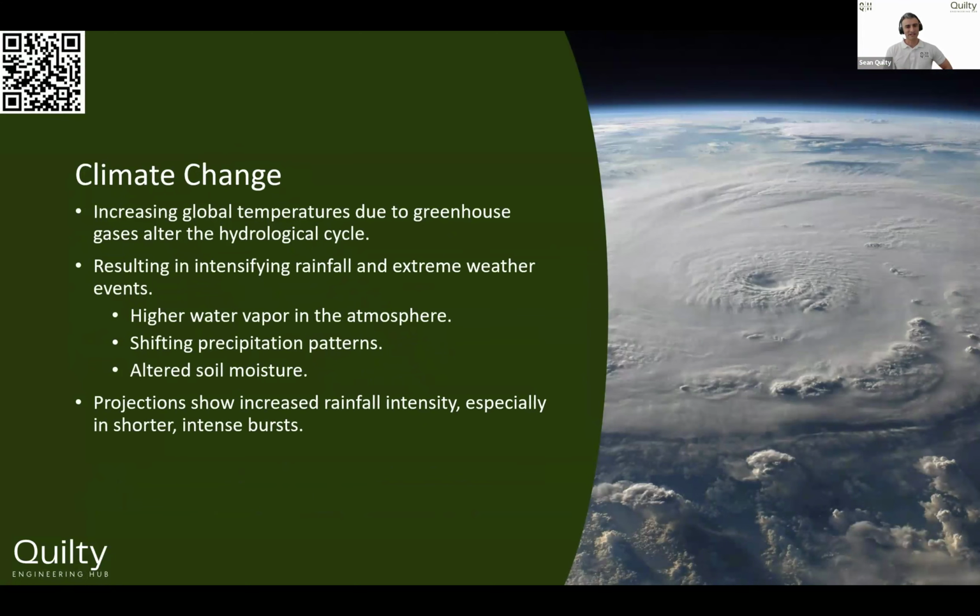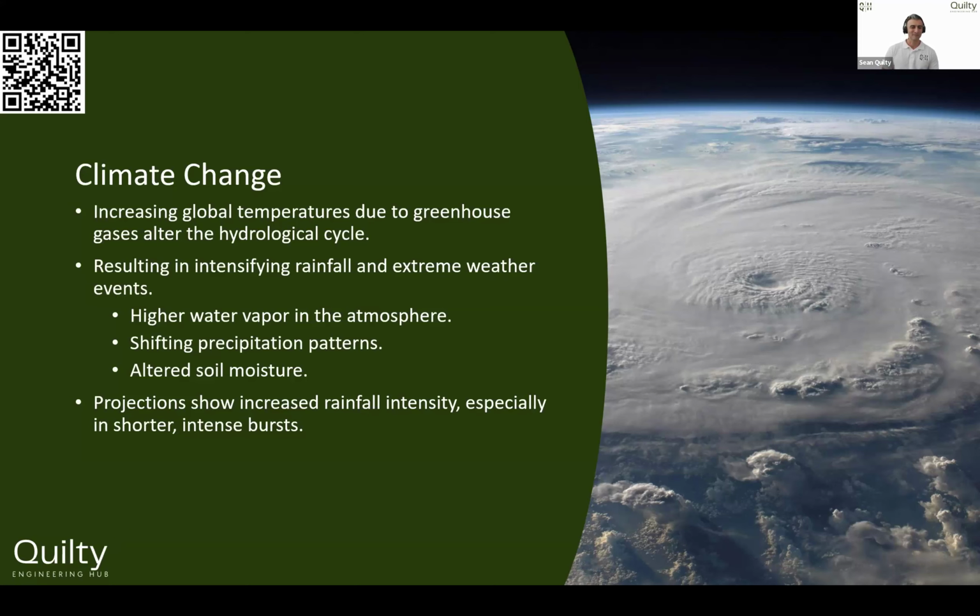All right, climate change. I think most people are aware of climate change and what's actually happening with our world currently. But just to recap, we can see the climate is definitely changing, and at a pretty scary rate. Essentially, our global temperatures are increasing due to greenhouse gases, and that's messing around with our hydrological cycle. So there's the rainfall that we're talking about.